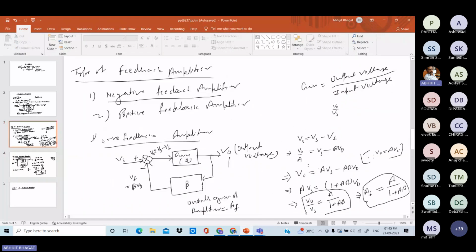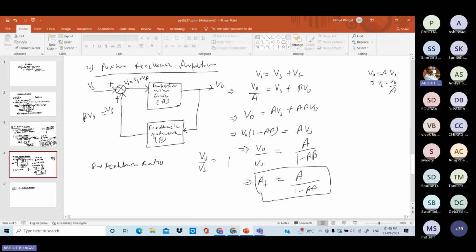So in case of negative feedback, your overall gain is reduced. Your output voltage is decreased by using the negative feedback. Therefore the gain of the amplifier is decreased. And in case of positive feedback amplifier, if you're not using the feedback, your output V0 equal to A into input signal.